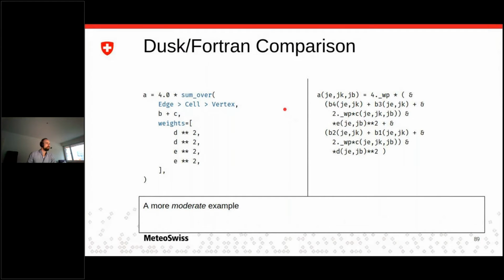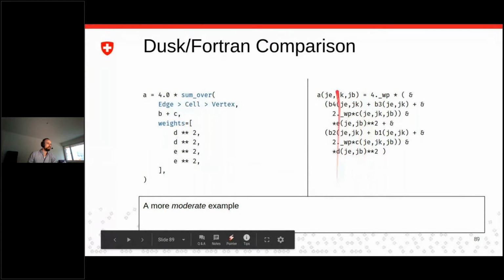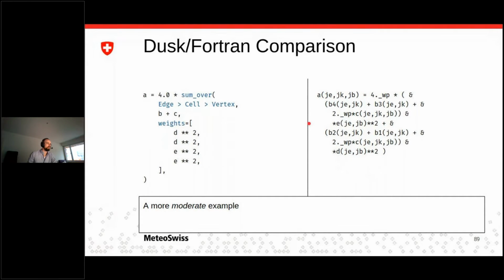Here's another example. This is a more moderate example. In fact, we can see that Dusk this time has more lines of code than Fortran. So I think lines of code on its own is a very poor measure of code quality. And Dusk actually has some redundancy here. For example, this expression D is expressed twice, and it's only expressed once in Fortran, and the same can be said about this E expression.